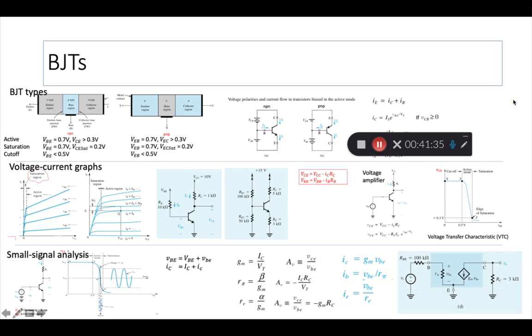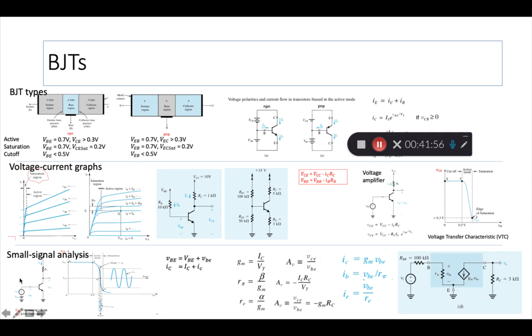So small signal analysis is when you have on the input side, which in this circuit is on the base side, a bias voltage, the big VBE, and then you have a signal voltage, which is a small vbe, right?